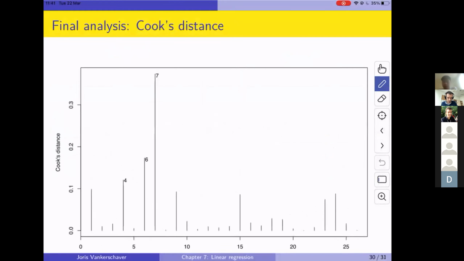That's already a good sign. If we look at Cook's distance, we see the same picture. So keep in mind, we have not removed point 0.1. That was an outlier for our original model. It's still in our data set. We've just changed the model to remove that interaction term. And now we see 0.1 here is a perfectly normal point, no longer classified as an outlier, with a very reasonable Cook's distance.